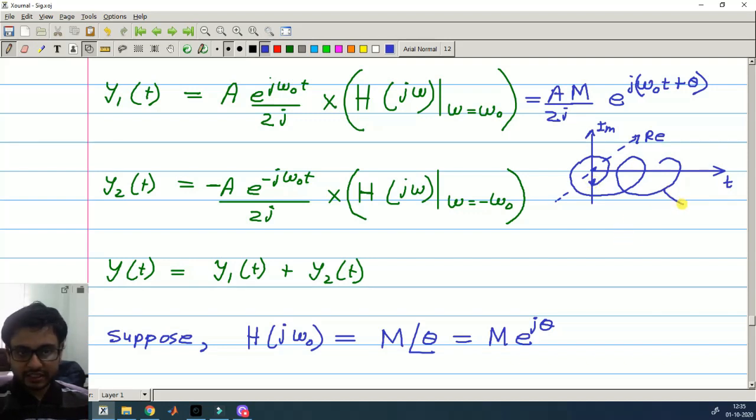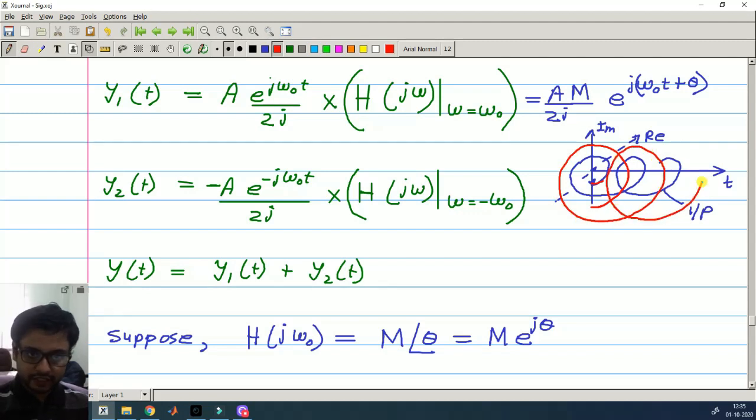Okay, this is the input, and then when you multiply this with this m e to the power j theta, then its magnitude will be larger, so it will be possibly like this, larger or smaller depending on the value of m.